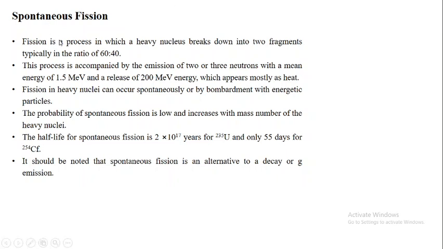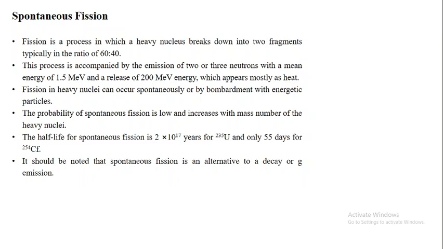In this process, a nucleus may spontaneously, or sometimes by the bombardment of a neutron, fission into two components having a ratio of proton number 60 and 40. Along with this fragmentation of one heavy nucleus into two daughter nuclides in a 60 to 40 ratio, they also emit a huge amount of energy, about 200 mega electron volt.